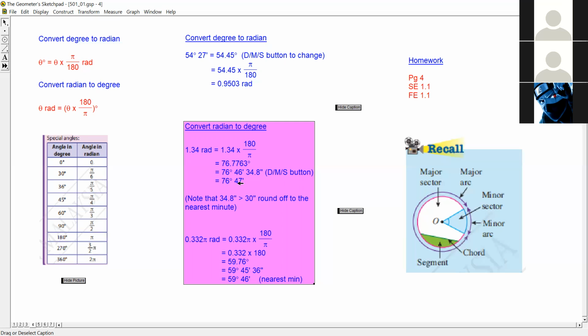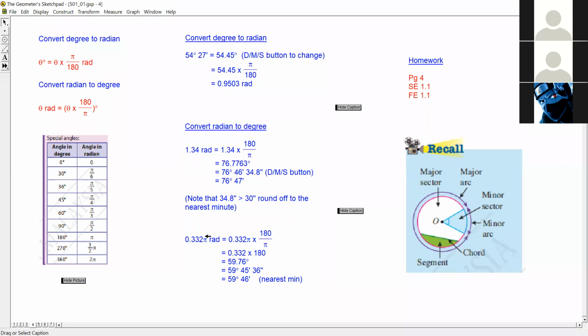So it is 76 degrees 47 minutes. Don't put 46, put 47. So I put here, note that 34.8 is more than 30 seconds, round off to the nearest minute, so you add 1 minute. But if it's less than 30, just throw away. No need to round off to the next number.